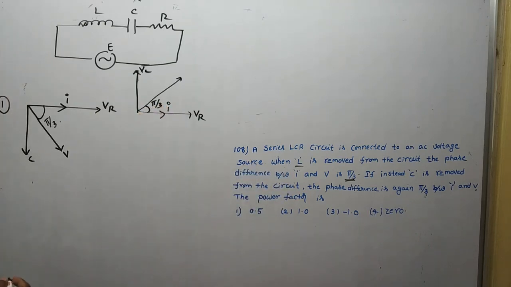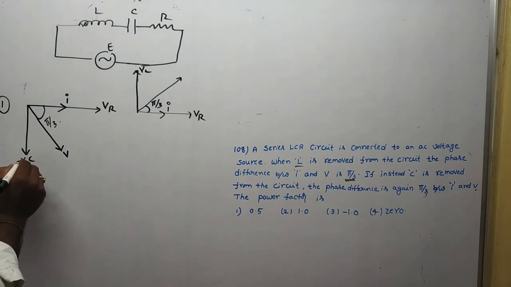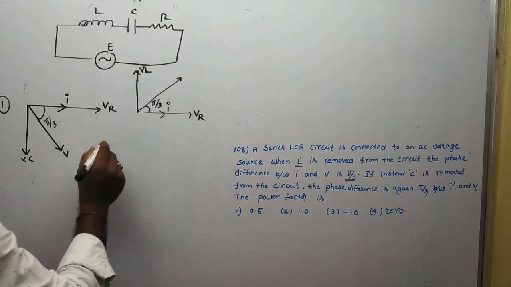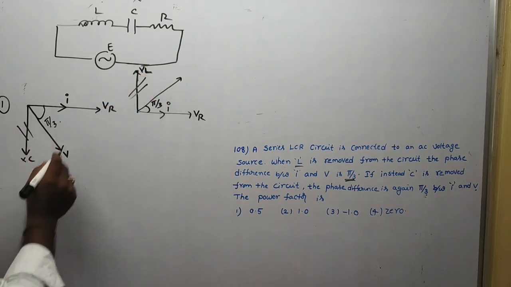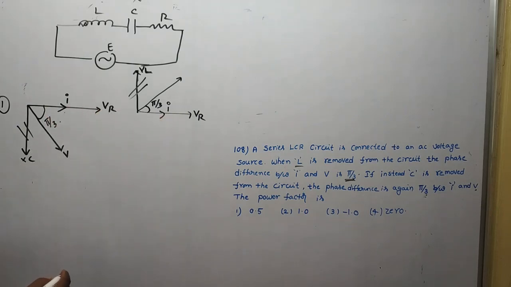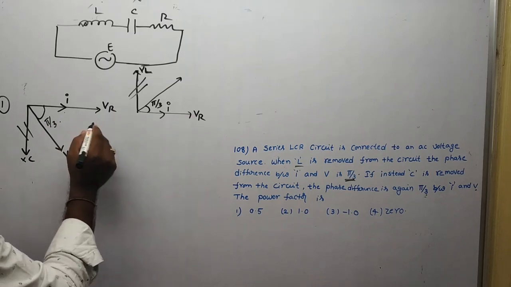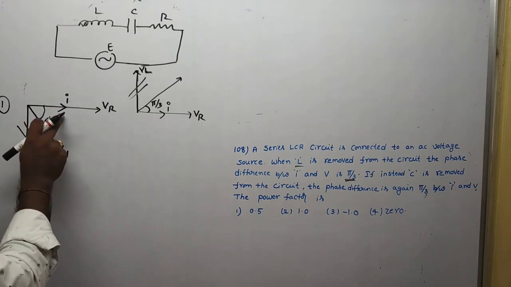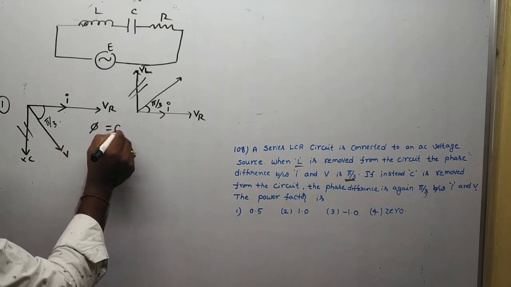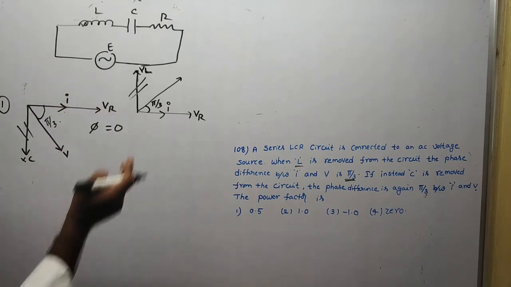Here we observe that the potential difference across the capacitor and the potential difference across the inductor must cancel. The current and the resultant voltage are in the same direction. That means there is no phase difference between the current and the VR. Therefore, phase difference phi equal to 0 between I and VR.